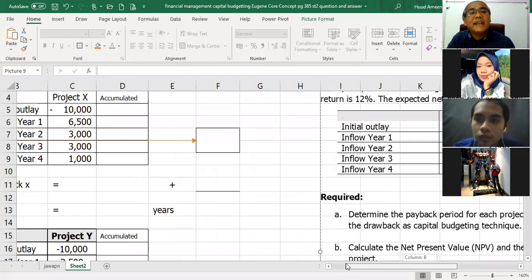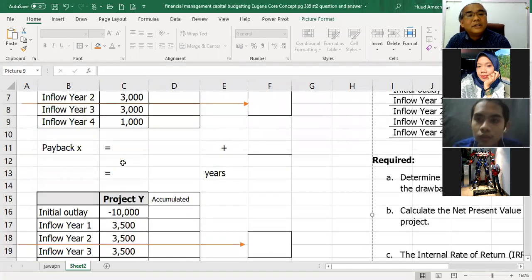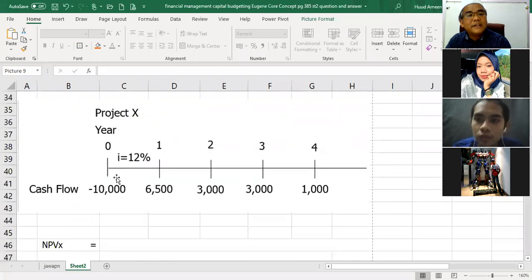In project X, you just draw the table like this: project X, the outlay where your money goes out, and year 1, year 2, year 3 and year 4. Here you invest 10,000.